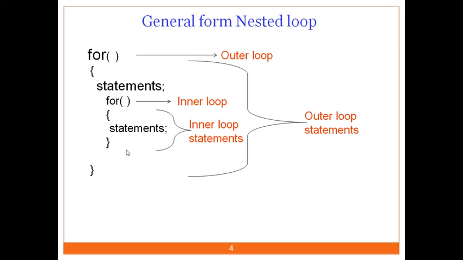That's why whenever the control reaches the inner for loop, the inner for loop body statements are executed repeatedly until the condition becomes false. After the condition becomes false, it exits from the inner for loop.